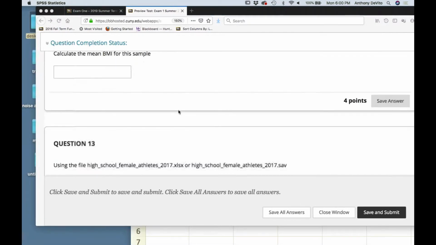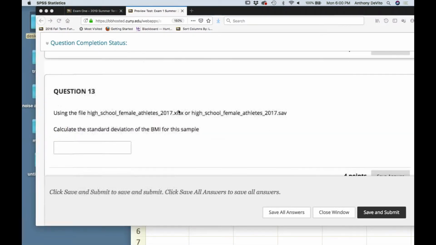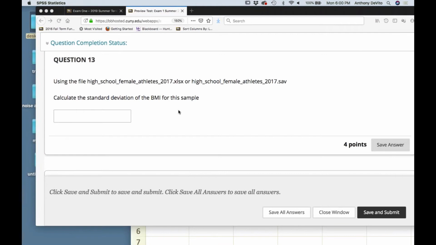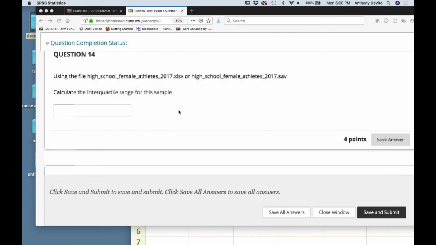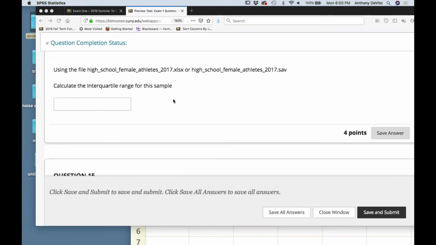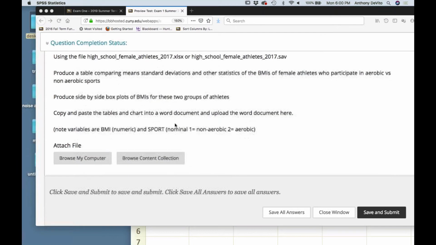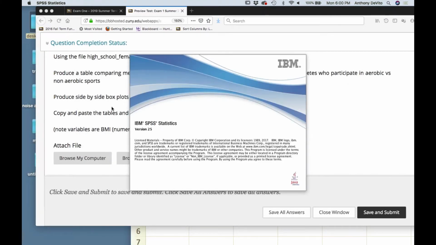Calculate the mean BMI for the sample, calculate the standard deviation, calculate the interquartile range, and side-by-side box plots comparing.